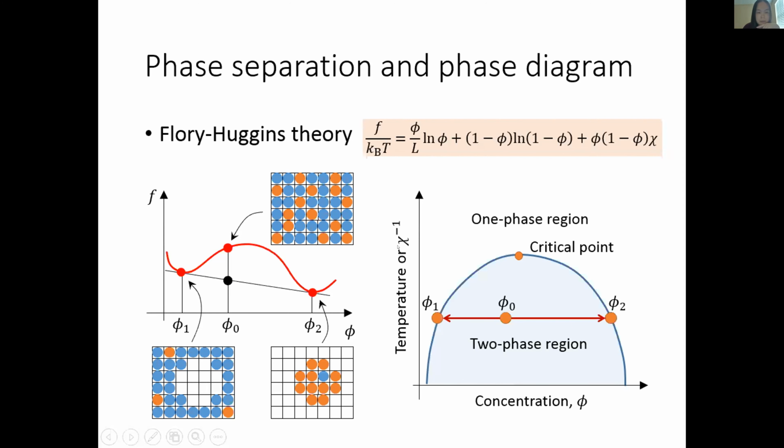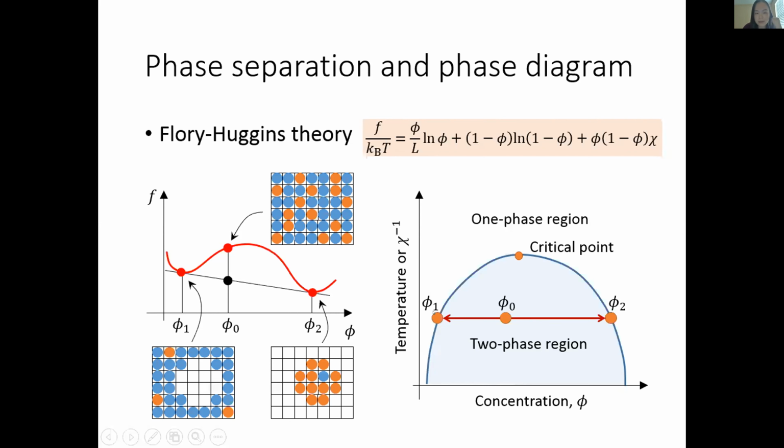And that's how we can draw the phase diagram. If the temperature is high, or the inverse of the interaction energy is high, then the system always wants to be in the well mixed state because the free energy is concave. When the temperature or the interaction parameter chi is below a certain critical point, the free energy becomes convex, and by phase separating into a dilute and dense phase, the system is able to lower its free energy.